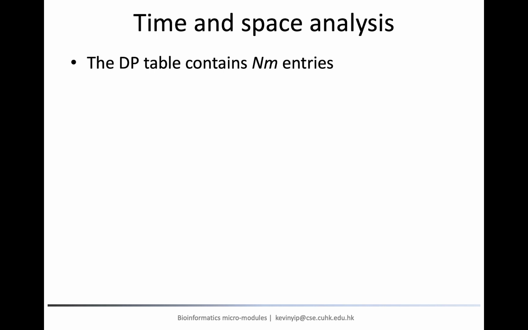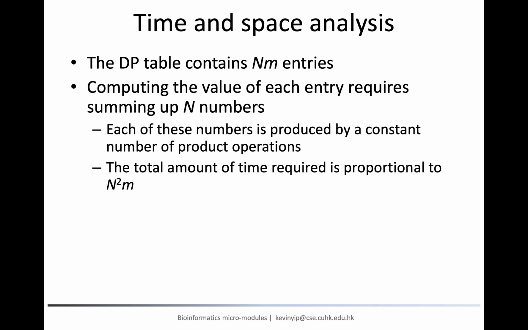It is important to analyze the time and space complexity of the forward algorithm to make sure that it is efficient. To do that, we first notice that the dynamic programming table has n times m entries, where n is the number of possible states and m is the number of observations. To compute each entry in the table, we need to sum up n terms that correspond to the n possible states, and each of these terms can be obtained by a constant number of multiplications.